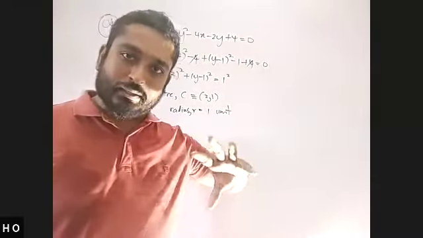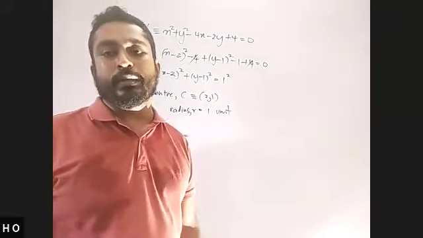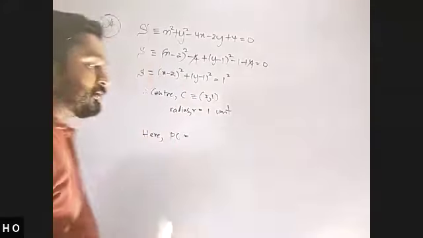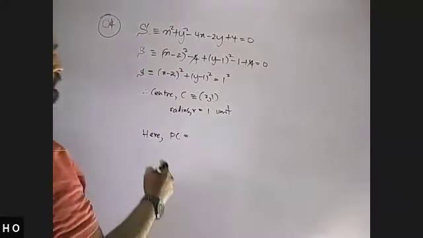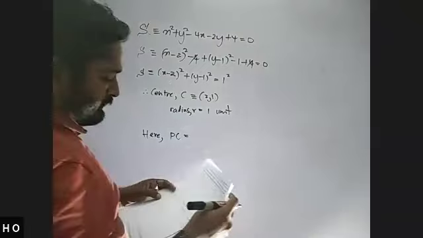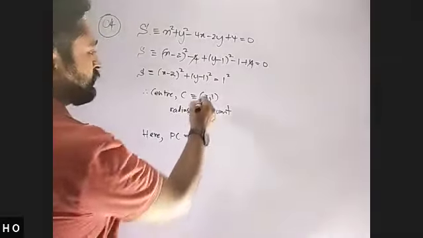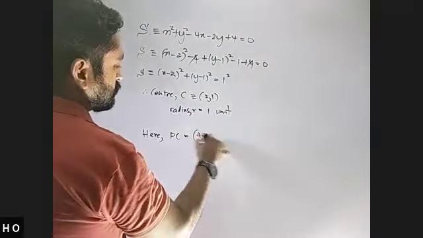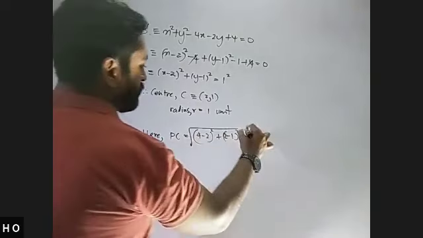On the circumference, it is going to be equal to the radius. Less than the radius, it is inside of the circle. Here PC, you know, P is given to be 4, 2. So 4 minus 2, x coordinate difference, squared, plus 2 minus 1 squared, square root, units.